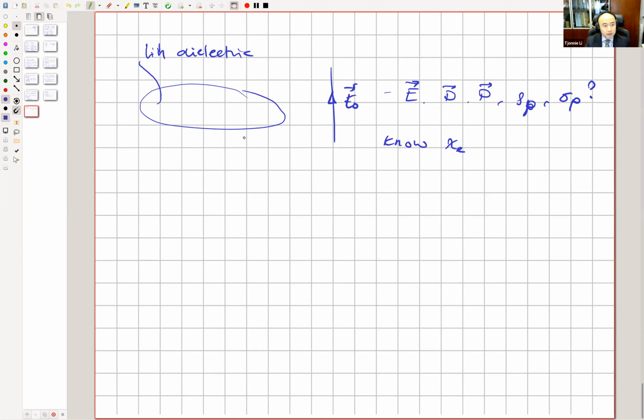So how do we calculate E, the total electric field inside this material? What's the displacement field? What is the polarization field, and what are the induced charges?